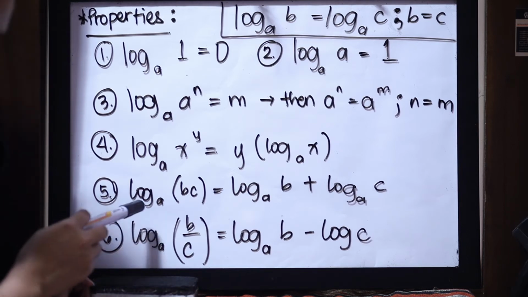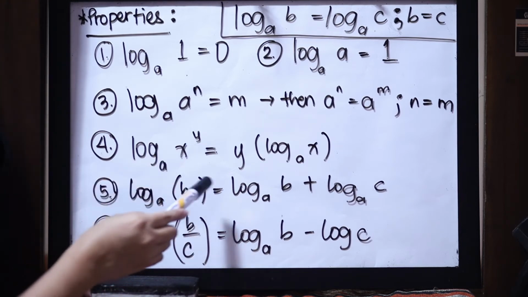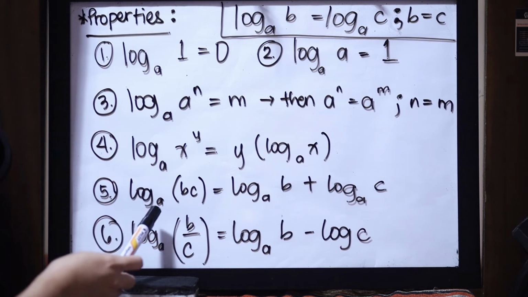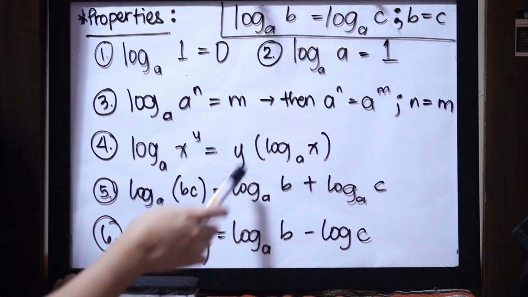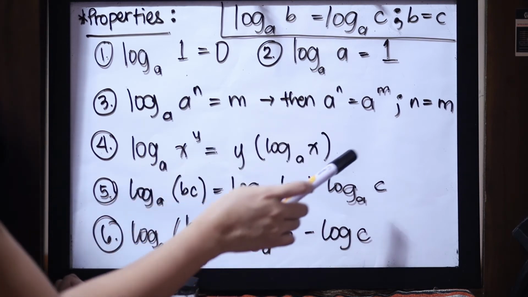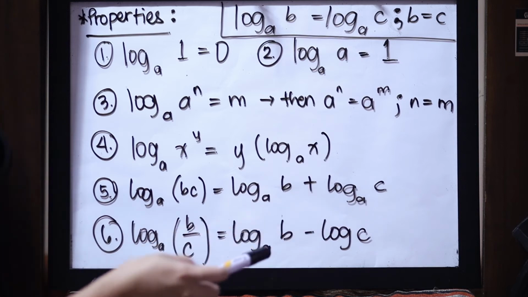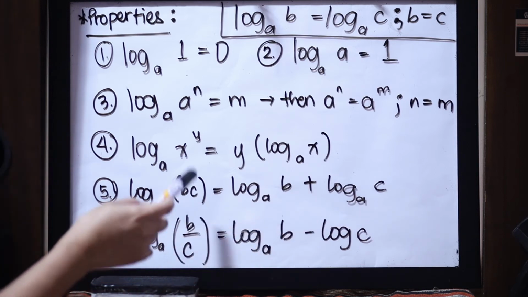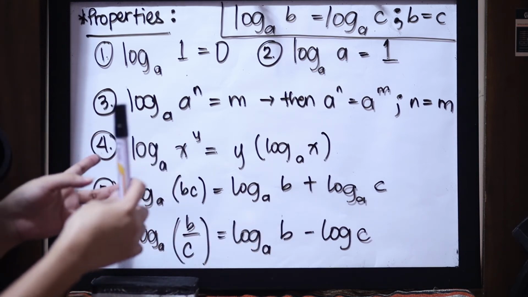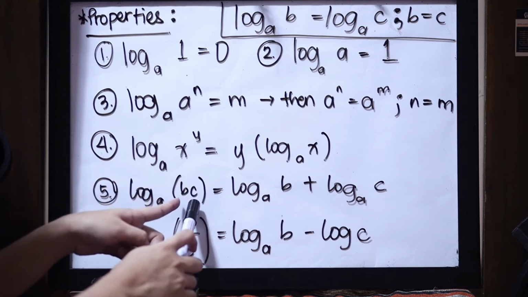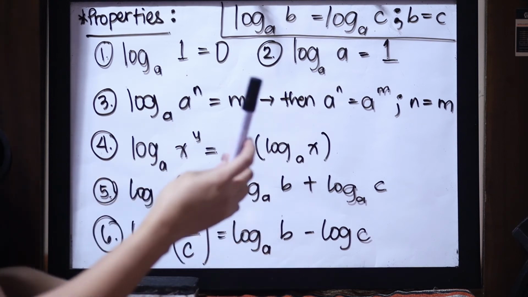Next property is logarithm of bc or b times c to the base a can be written as logarithm of b to the base a plus logarithm of c to the base a. So, ang kapartner ng multiplication ay addition.